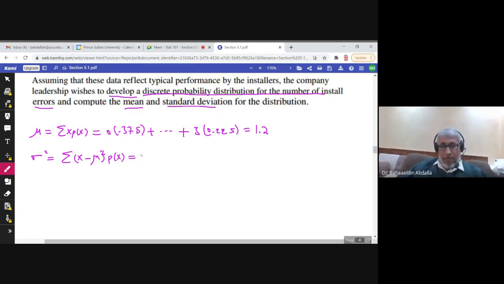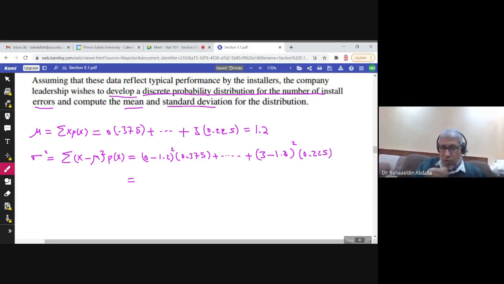So it would be (0 minus 1.2) squared times 0.375 plus, and the last one is (3 minus 1.2) squared times 0.225. And you can evaluate this by the calculator and write the answer. If he asks you to compute, you can do this. You can write these steps exactly, but please fill in the blanks.